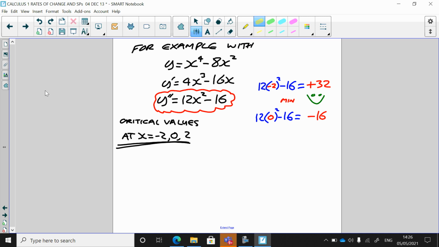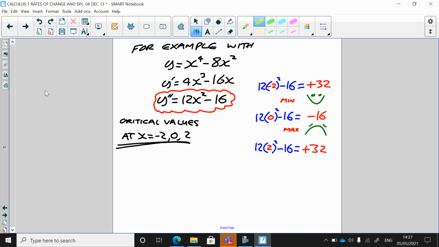Next one, I'm putting in 0 because it's my critical value. I'm getting a negative answer. So we're going to use the facial expression here. So if you're negative, you're no happy. So that would indicate maybe a maximum turning point there. Okay. And finally, the last value is positive 2. Put in positive 2, and we get an answer of positive 32.